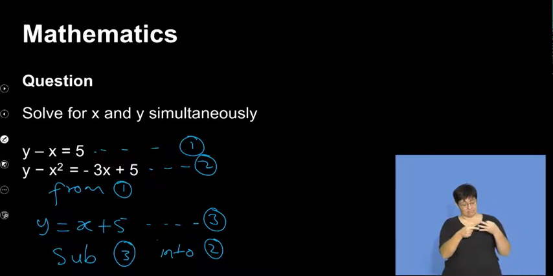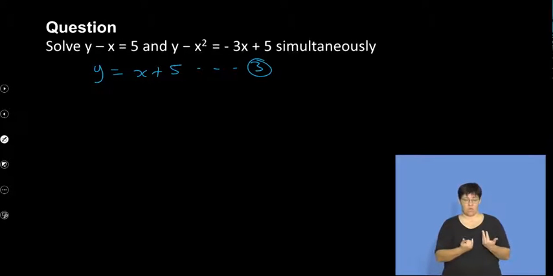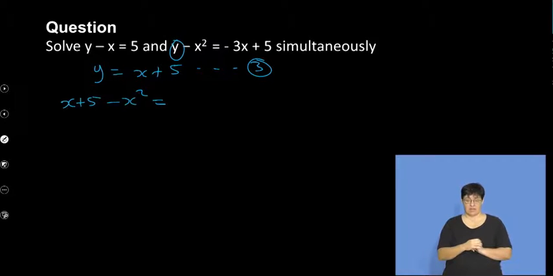Now, I'm just going to rewrite it this side. So remember, my equation 3 was y equals x plus 5. And I'm now on the step where I need to substitute this. So wherever I see y, I'm going to replace it by x plus 5. So this will be x plus 5 minus x squared equal to negative 3x plus 5, and then you simplify, write it in standard form. It becomes minus x squared.